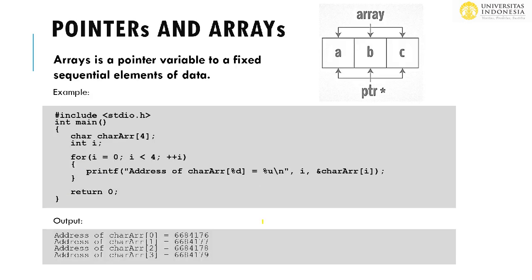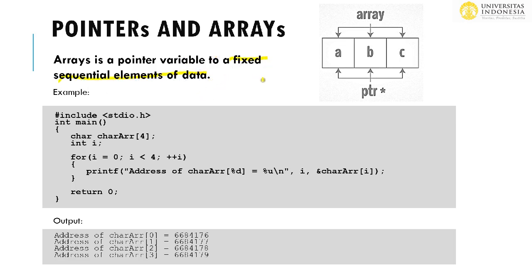So now we are going to look at some notes about the difference between pointers and arrays. As you already learned before, an array is a kind of pointer itself, but it has a limitation, which is that it has only a fixed number of sequential elements of data.